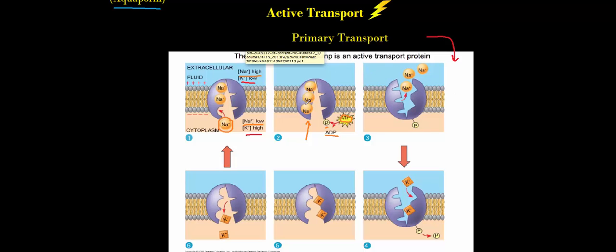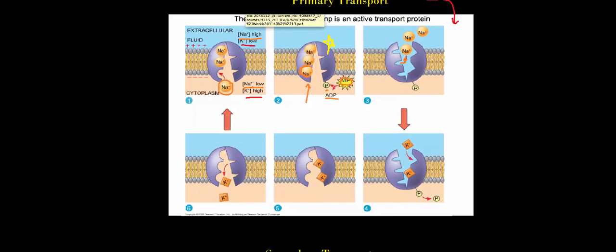Now, once the ions have bonded to the pump, it begins to feel uncomfortable and wiggly again, and so it's going to change its shape and flip upside down. And once that happens, it loses its affinity for the sodium ions, and the sodium ions are released outside the cell.